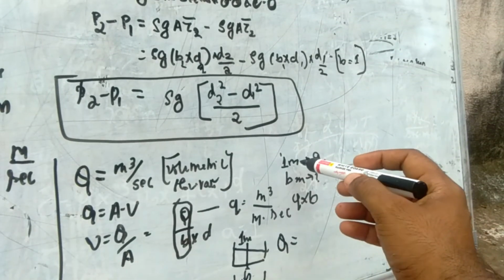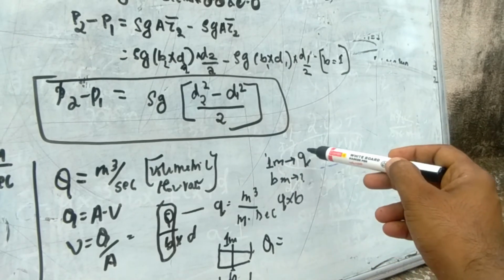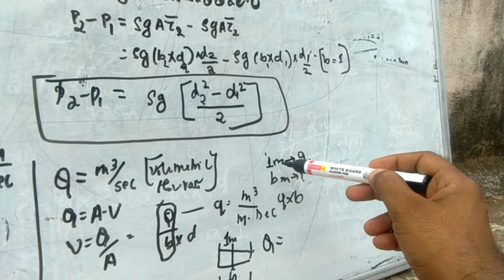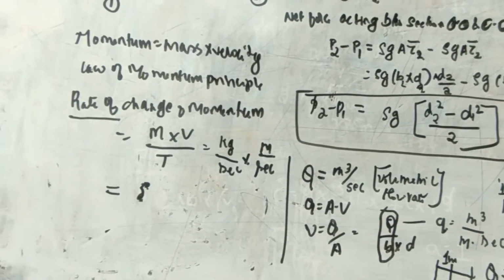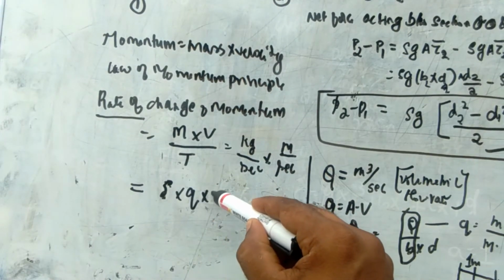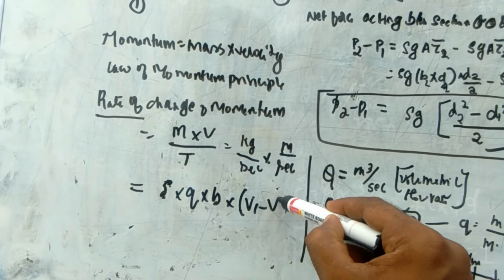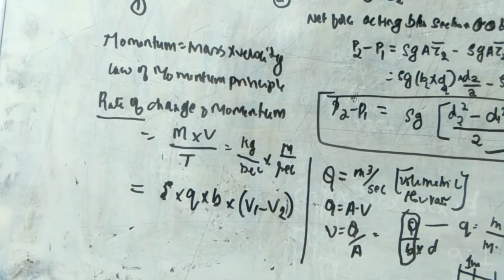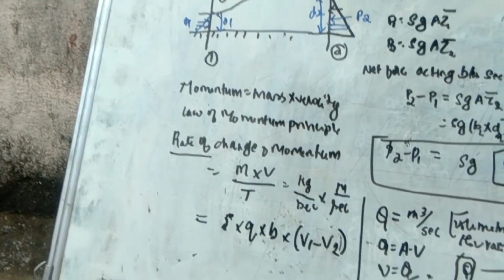For b meter, it is q into b. So I can say small q into b, and for the velocity change, v1 minus v2.